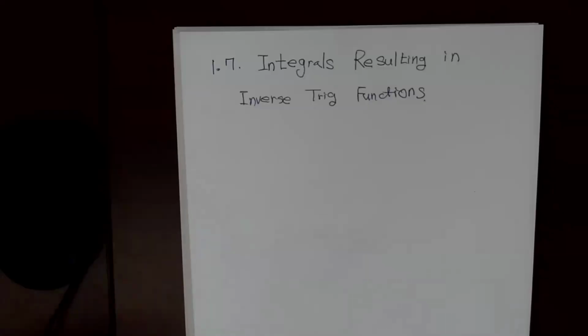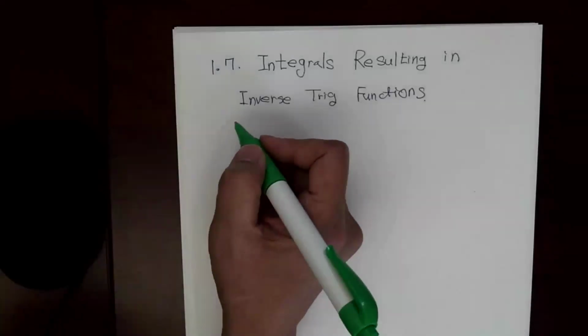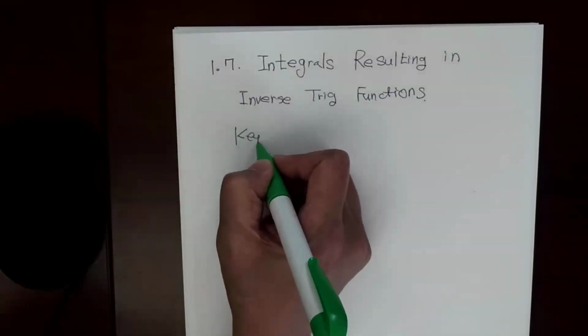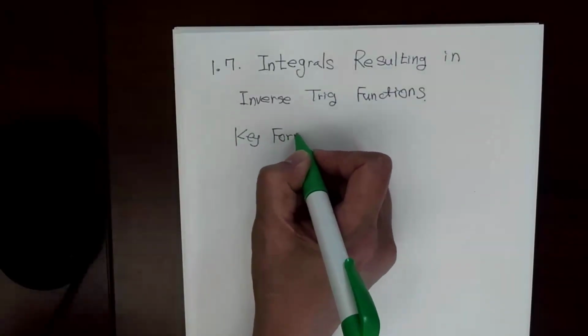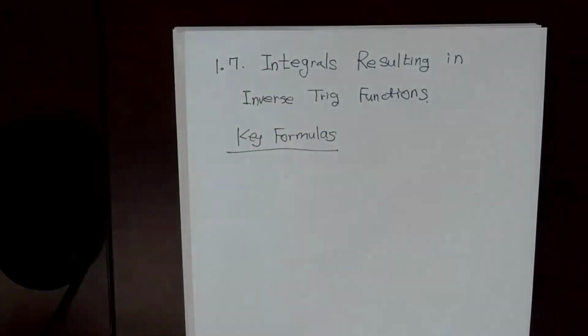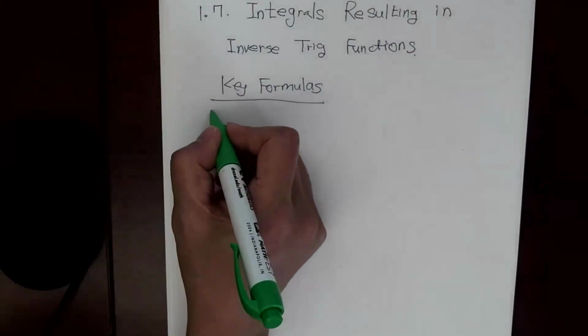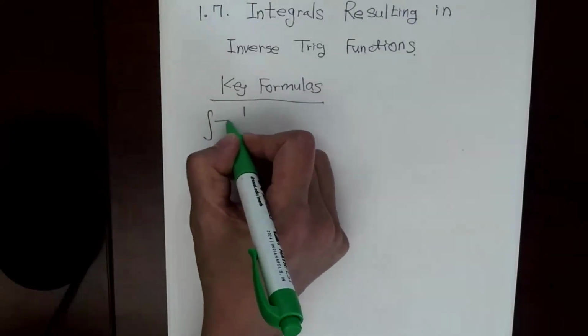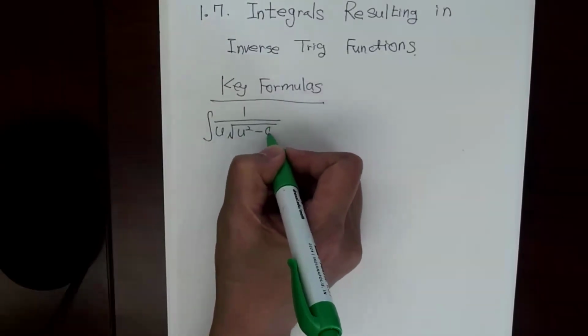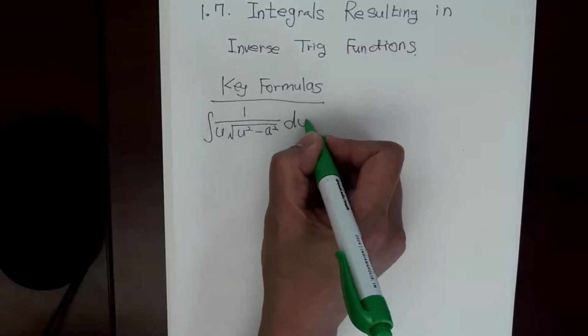So this is about the integration related to inverse trigonometric function. Integration 1 over u square root of u squared minus a squared du.